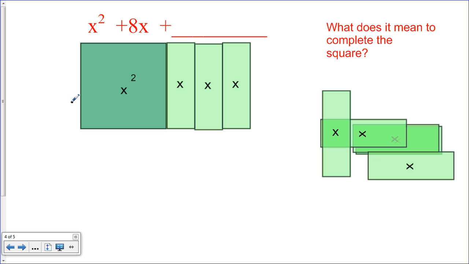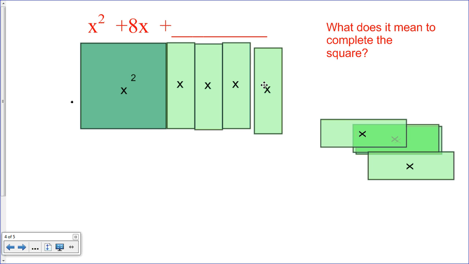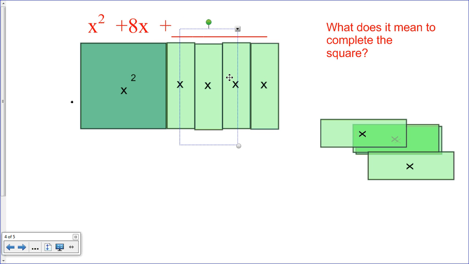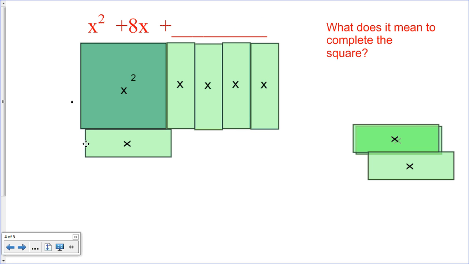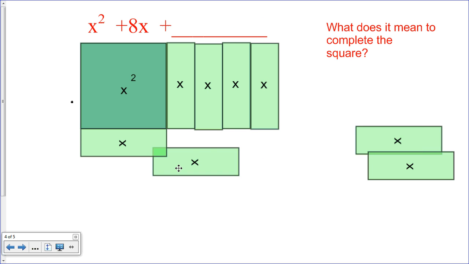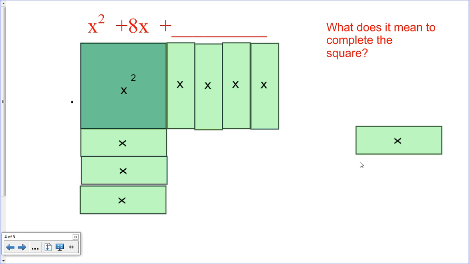All right, so now if I had x squared plus 8x plus something, how many would I need in order to complete my square? What does it mean to complete my square? So I am going to put 1, 2, 3, 4 x's there, and 4 x's down here.